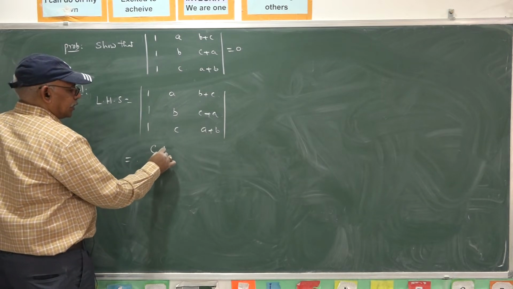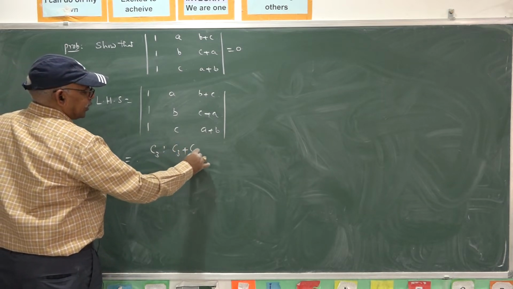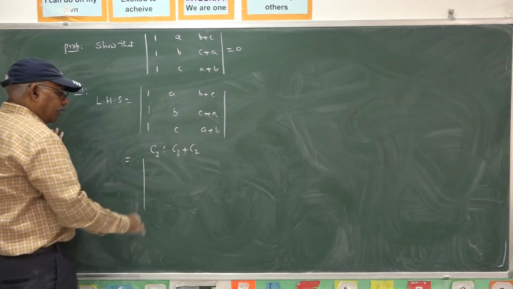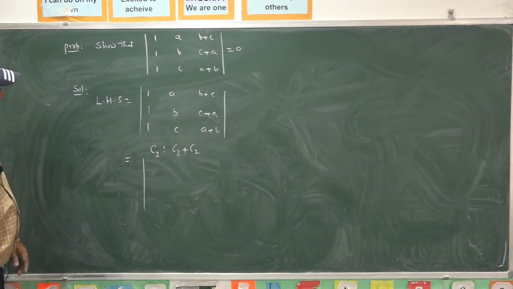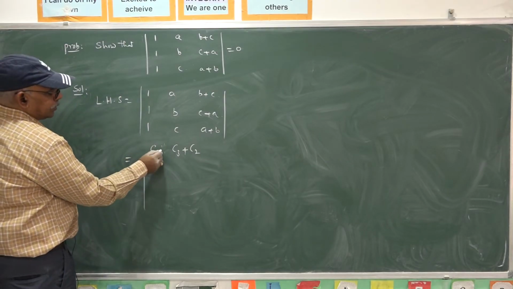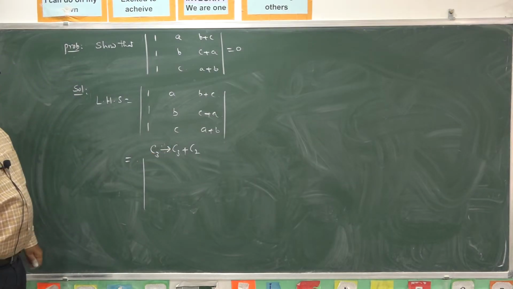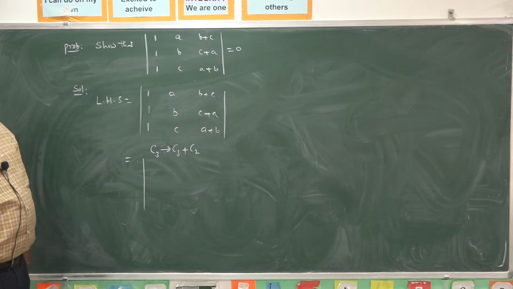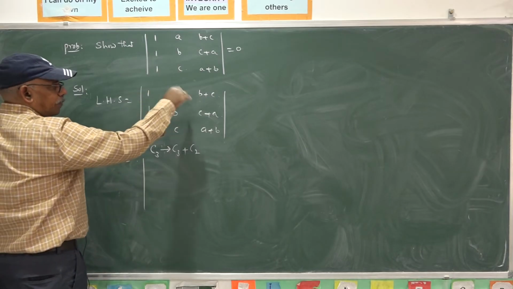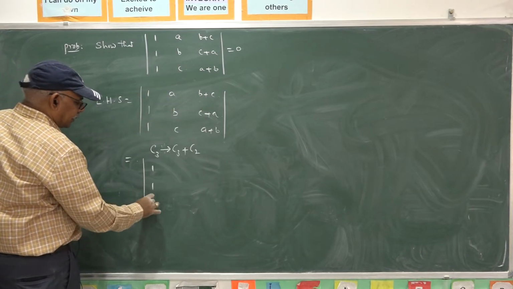That means taking C3 as C3 plus C2. I am taking a column wise transformation.